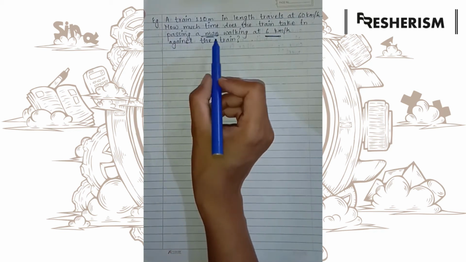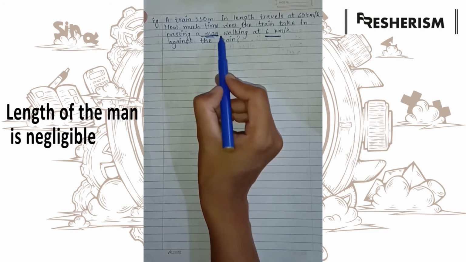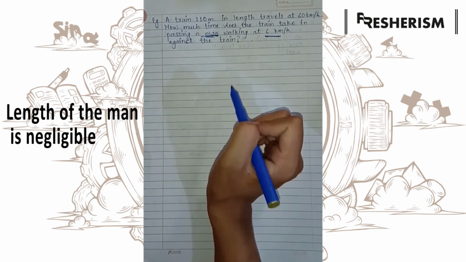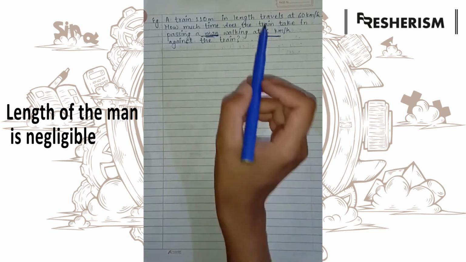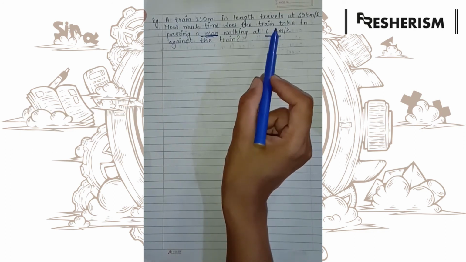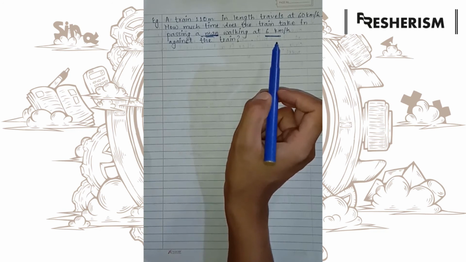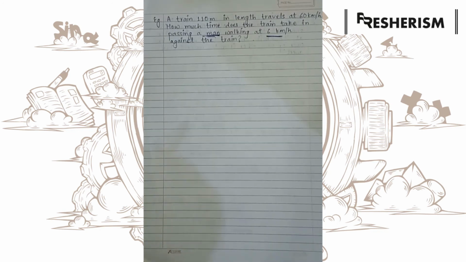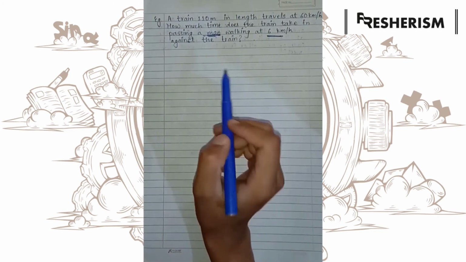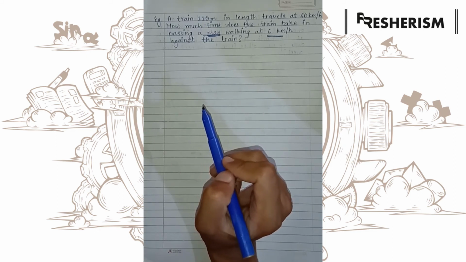Now we know that the length of the man would be taken as negligible. And we have to find the time taken by the train to cross the man. So this is the case of the train crossing a moving object of negligible length.